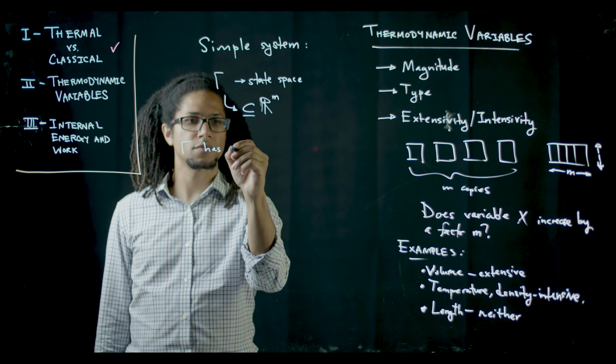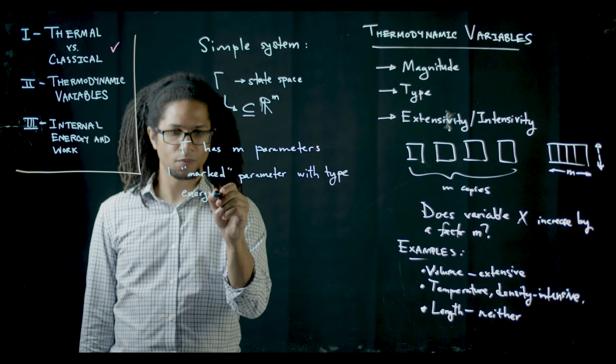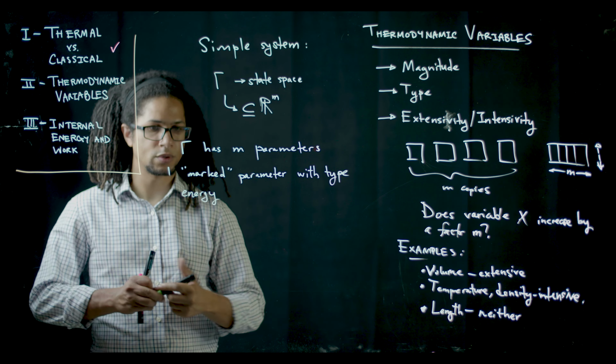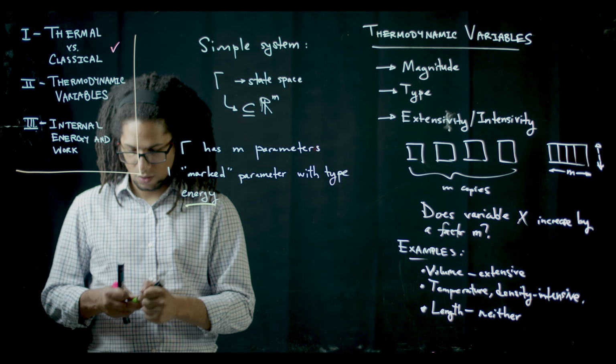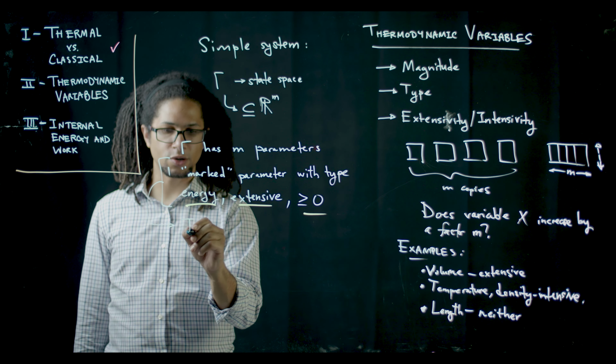So we have one marked parameter with type energy, which is extensive and is greater than or equal to 0. This parameter is called the internal energy.